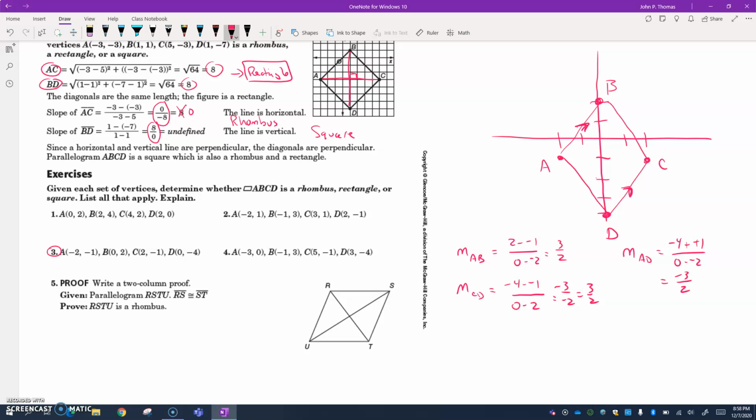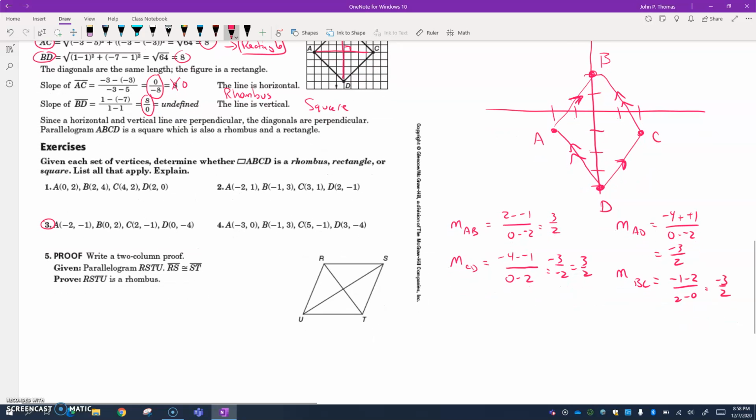Then I'm going to go to BC. On BC, I get -1 minus 2 over 2 minus 0, which is -3/2. Notice both of those had the same slope, so I definitely have a parallelogram at this point.